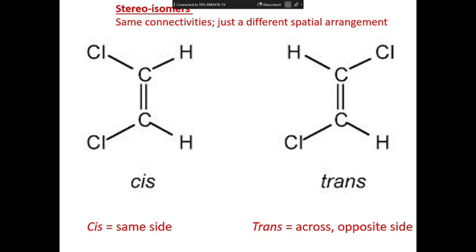Drawing it this way, this molecule on the left will never become the molecule on the right, unless a bond breaks. If a bond breaks, I guess it could. But these two would be examples of stereoisomers, just listed a different way. These are up and down, these are left and right. So this is my trans isomer, and this is my cis isomer, where they're on the same side. The double bond cannot rotate.